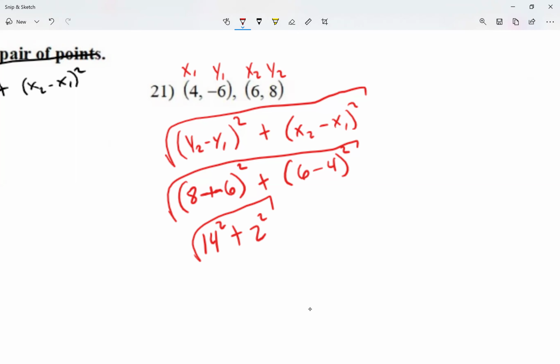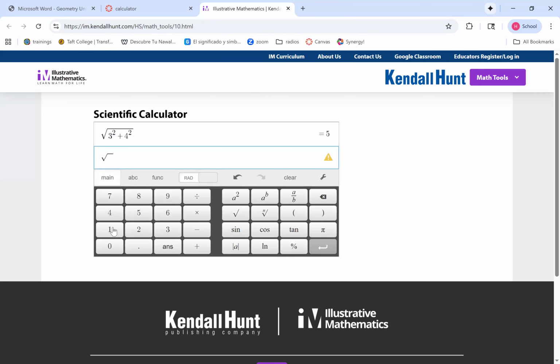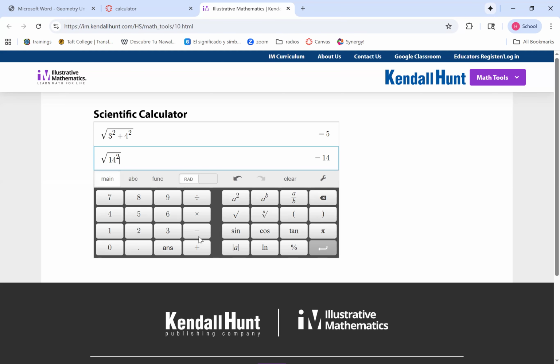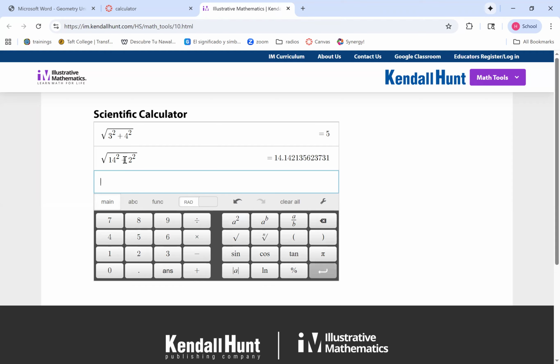Good thing I have my calculator now. I'm going to go here. I'm going to go square root 14 squared plus 2 squared. Entered. I see that I typed it in right.